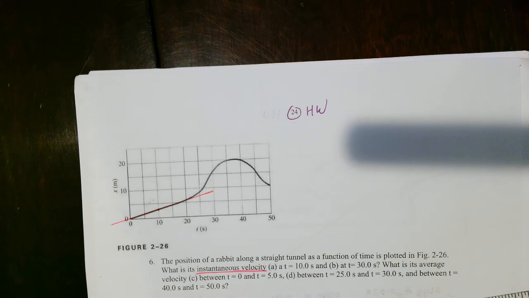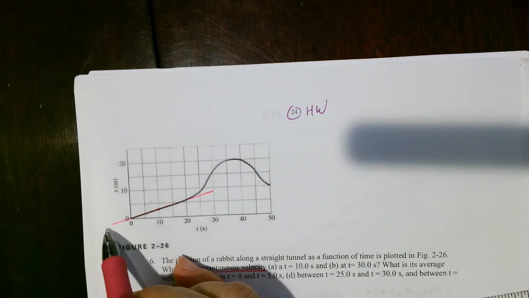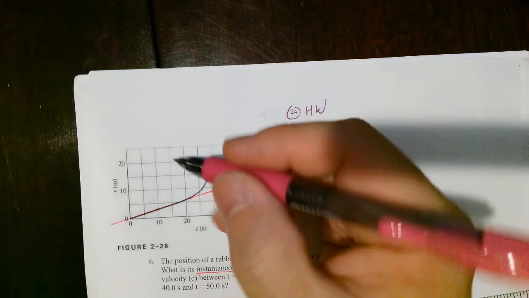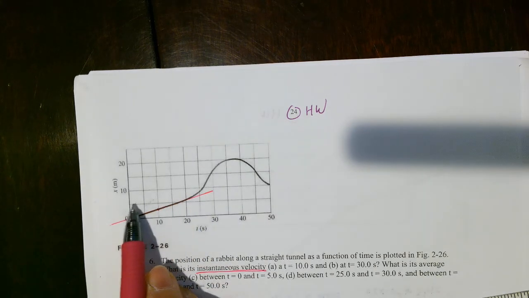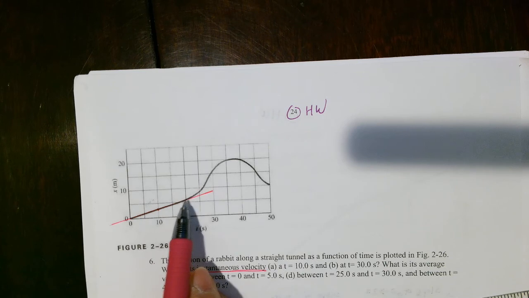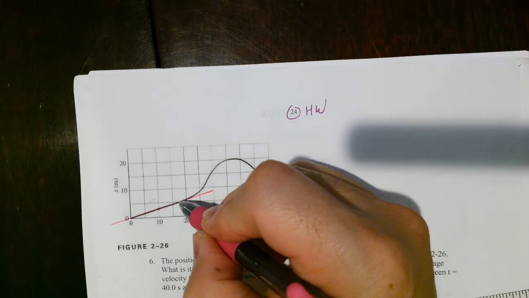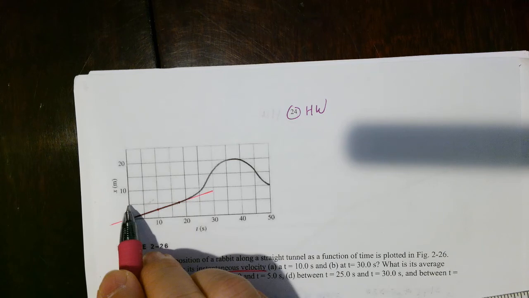All right? So if we could find the slope of this pink line, we can find the instantaneous velocity at any time from 0 to 20 seconds. Well, I really can't have any idea what this value is. It's really hard to tell at 20 seconds. I don't know what the position is. It's probably easier to estimate this right here, because I know at this time my position is 5.